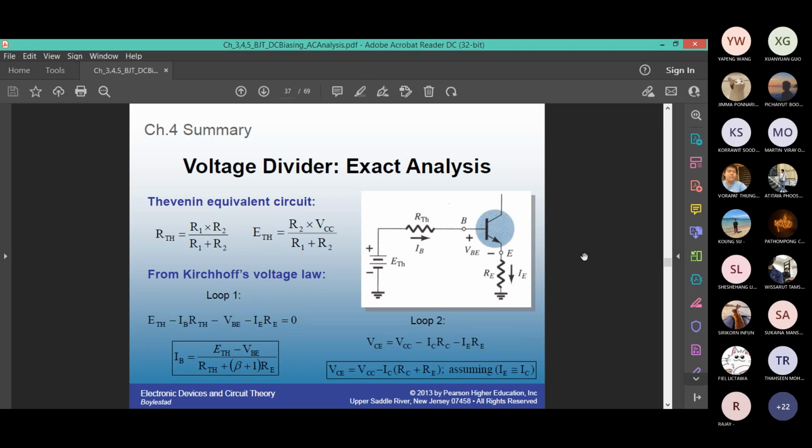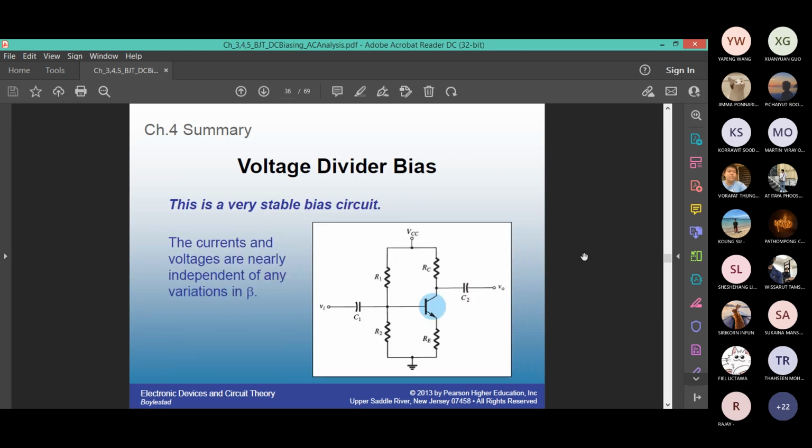How do you find Thevenin equivalent circuit? By circuit analysis. Does anyone remember from your circuit class? How do you find the Thevenin equivalent? For Thevenin equivalent resistance, all the DC sources have to be grounded.